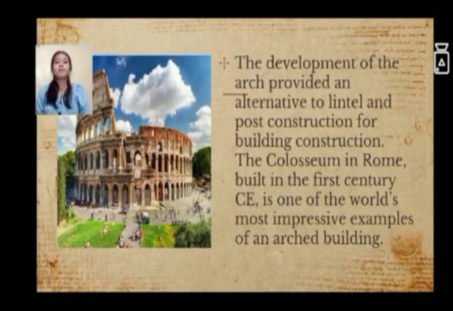So the development of the arc gave architecture new alternatives to post and lintel construction. So this picture appeared as early as the 2nd millennium BC in Mesopotamian brick architecture. So it is very beautiful, guys.